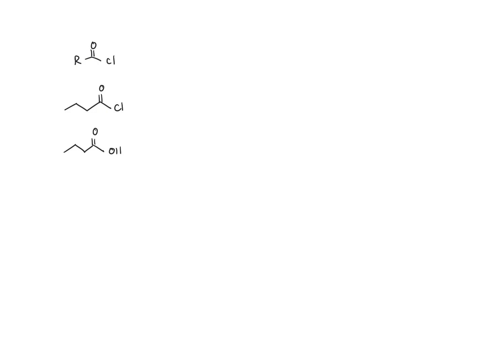So this is our carboxylic acid, and we know that we are going to call it butanoic acid. So now what we are going to do is, for the acid chloride, we are going to change this -ic to -yl and then add chloride.